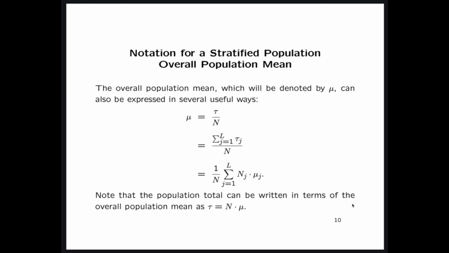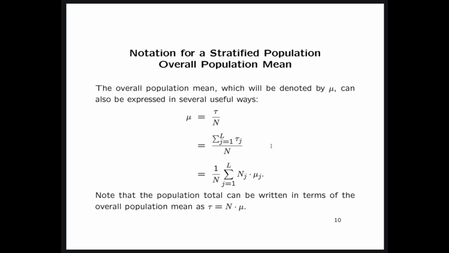The overall population mean, which we will denote by lowercase Greek letter mu without any kind of subscript, can also be represented in several useful ways. We can represent it as the ratio of the population total to the population size, and we can also represent it in these other ways as well.